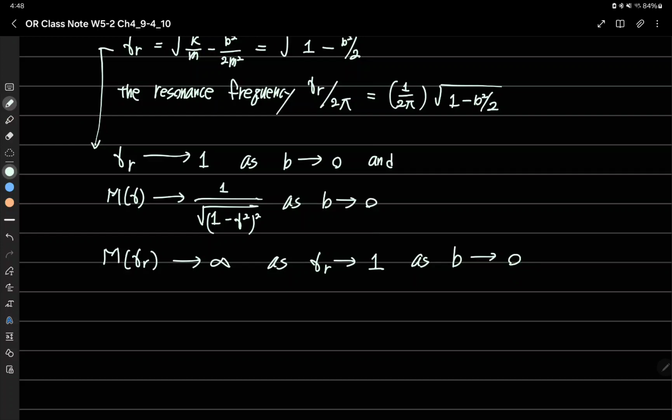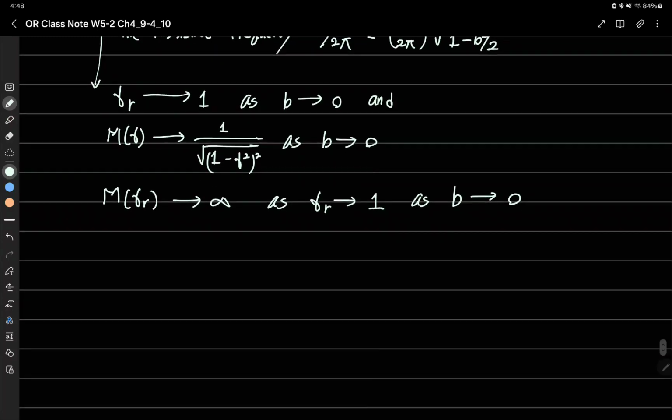Okay, so here basically, as b approaches 0, the maximum magnitude of the frequency gain increases, and the resonance frequency gamma r over 2 pi for the damped system approaches omega over 2 pi, which is the natural frequency. You got it? So the resonance frequency, gamma r over 2 pi, approaches, just say, omega over 2 pi.